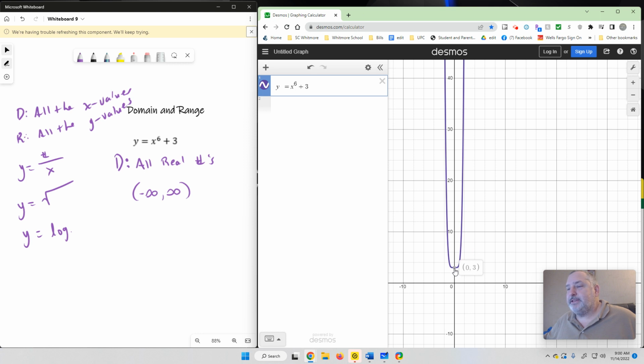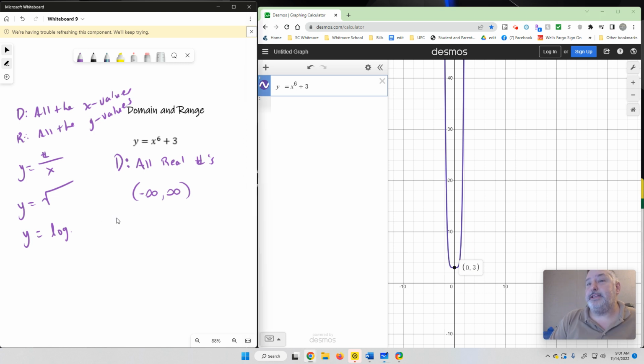Now for parabolas, and this is basically a parabola, it's going to be where the vertex is. So you can find the vertex, you can find the limiting spot. So on Desmos, I'm looking right here, that's my low point, (0, 3). So that means 3 is going to be the limit to my y values. I can't have a value lower than 3, and you can see that in the graph.